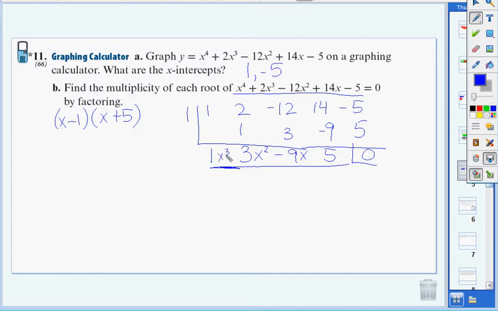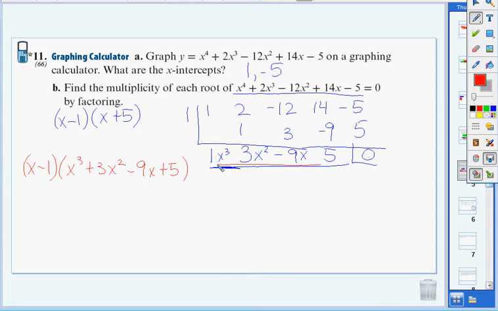Now, what I have as my factors are x minus 1 times x to the third plus 3x squared minus 9x plus 5, okay? I know that because the remainder is 0 here, and this was my other factor. But we're not necessarily done factoring, so let's factor again.